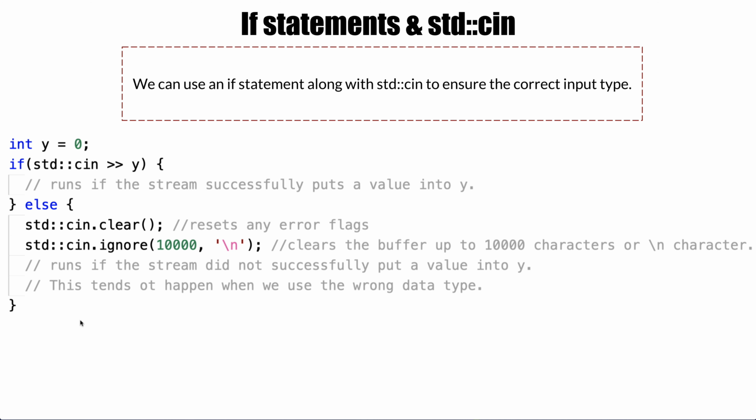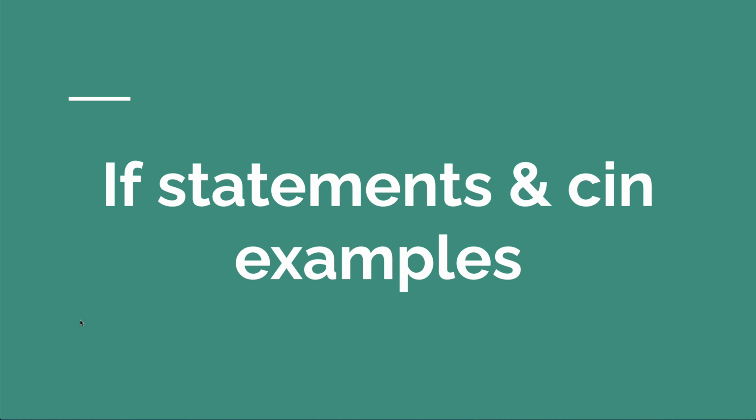This is not something that's normally shown this early, but I think it's very important, because the most common error when getting input is the user entering the wrong data type. So you need to know how to deal with it. Let's jump into a live code example of what this would actually look like and how this would run.